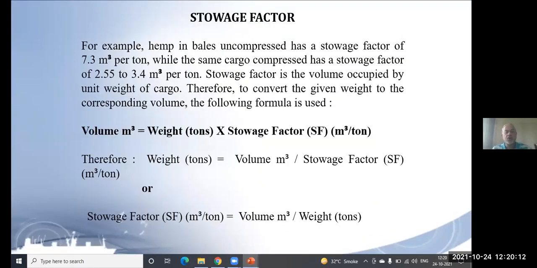Now, volume in meter cube. Suppose your hold has a volume in meter cube. If you have not studied, I will just mention it here. I'm taking these lectures now as a makeshift arrangement, so I'm not so aware of how much has been taught. But the volume of a ship's cargo hold is expressed in two different terms.